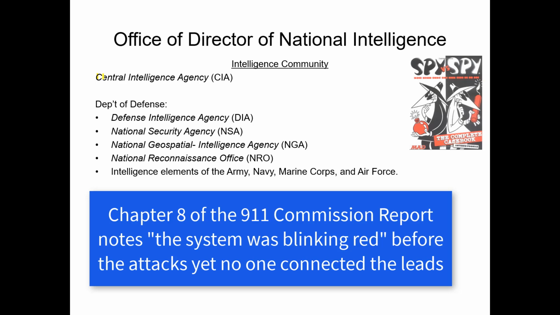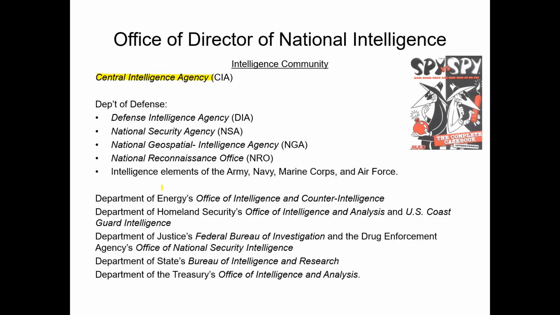Obviously, the CIA is one of the most important intelligence gathering offices, but the Department of Defense has several groups that are gathering intelligence. And as you can see down here, there are other cabinet level departments that actually have intelligence units within their departments as well.